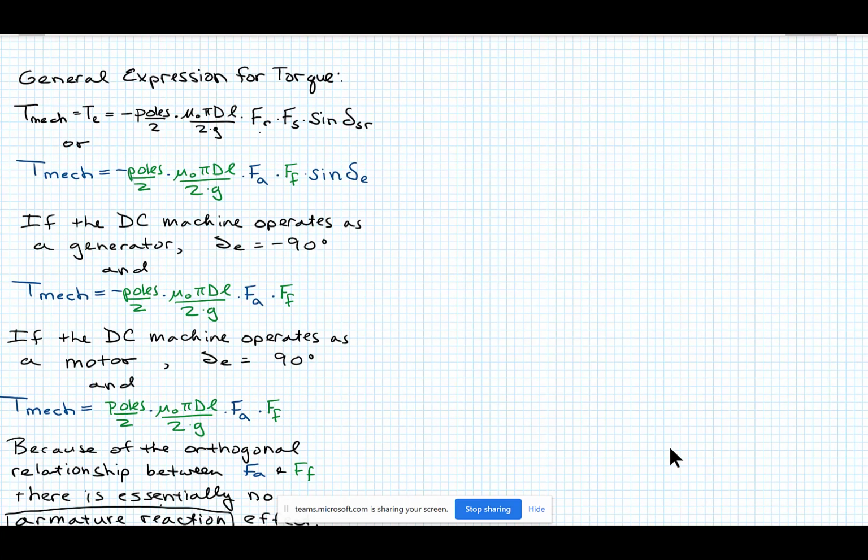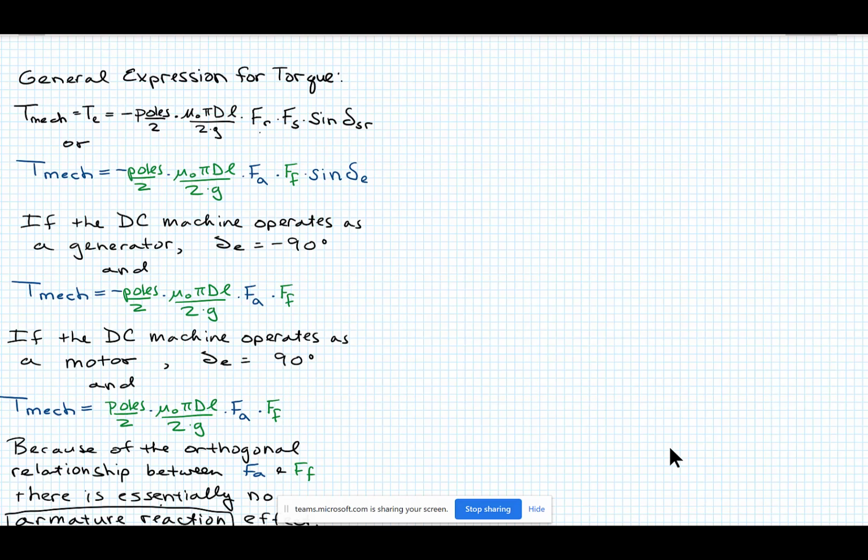So we started out with this general expression for torque, and I'm going to decompose or dissect this equation, and we're going to get to a simpler equation. That's the goal here.